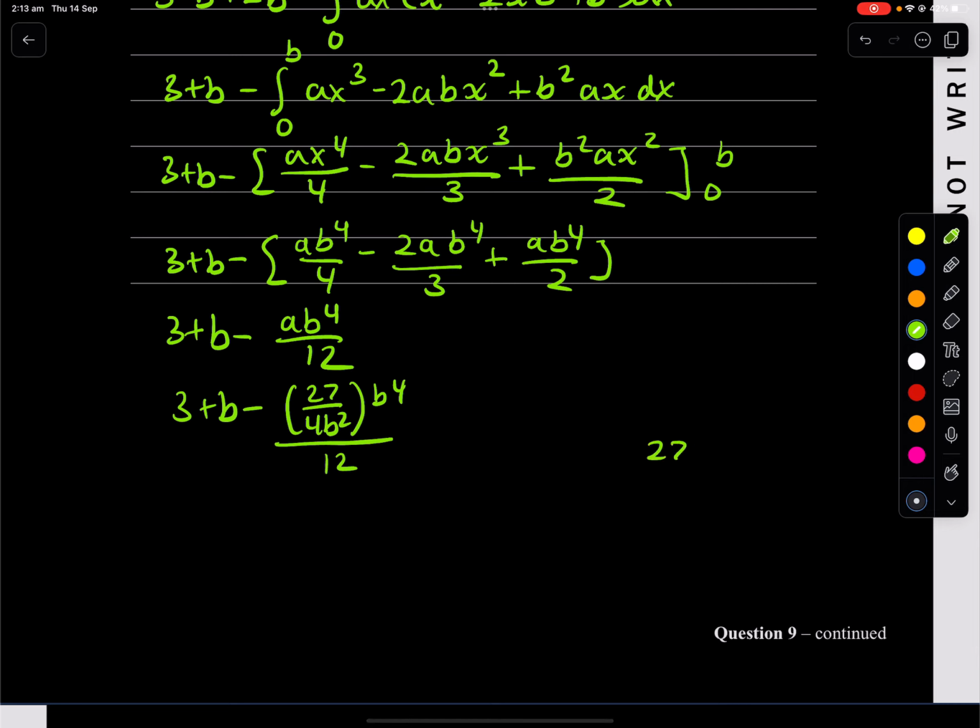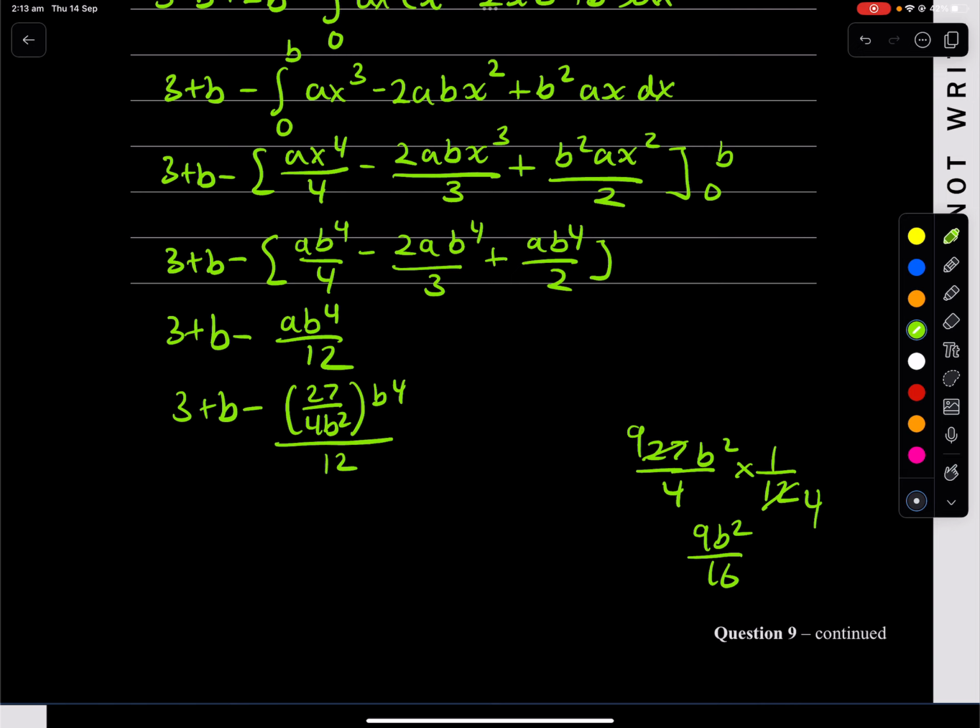So that simplifies to 27 over 4b squared times 1 over 12. How many 3's can fit in this? This is 4 times 12, yep. How many 3's? 9. So we can say 9b squared over 16.